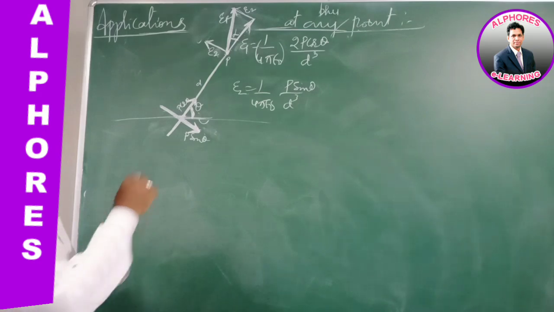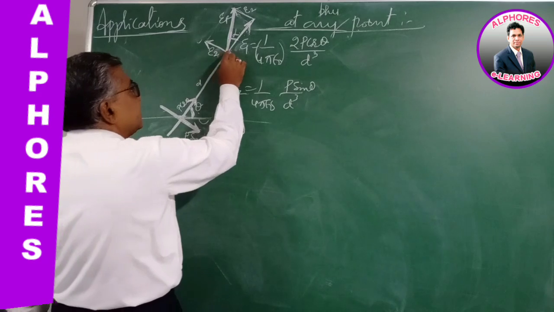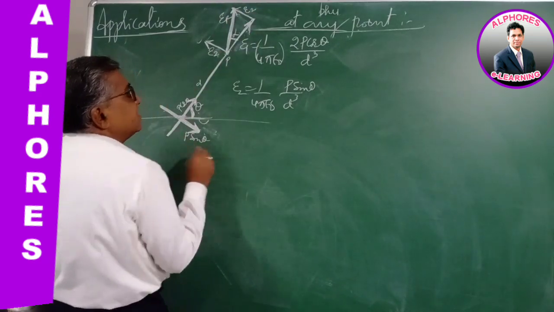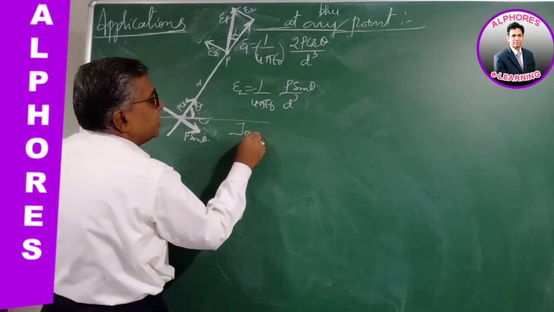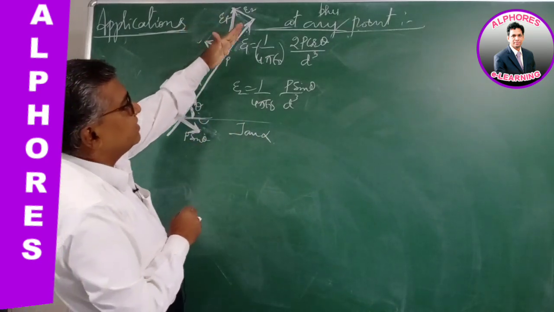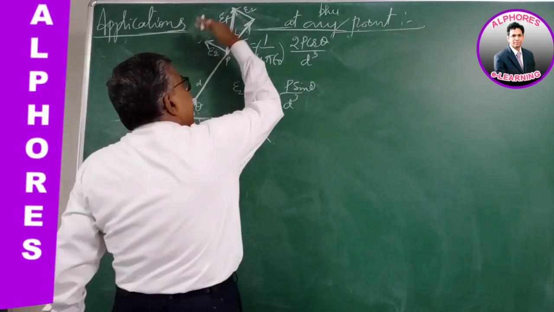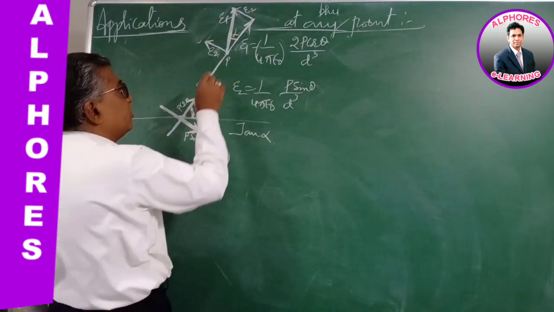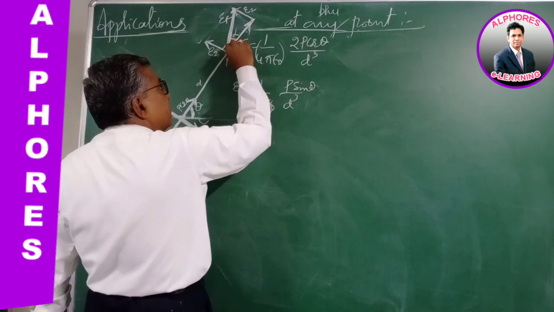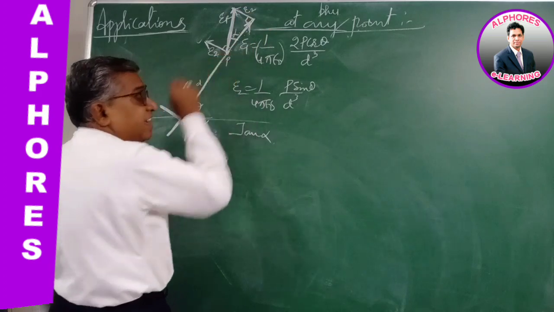Now from this right angled triangle, the adjacent component is E1, the perpendicular component is E2. This E2 I can imagine here. Both are perpendicular, so this becomes a right angle triangle.